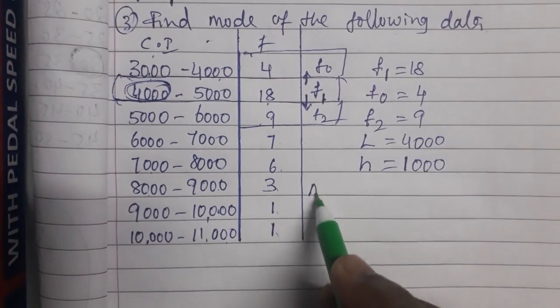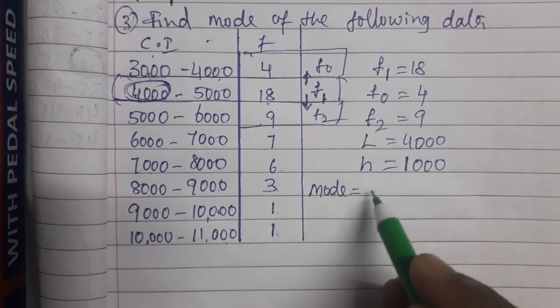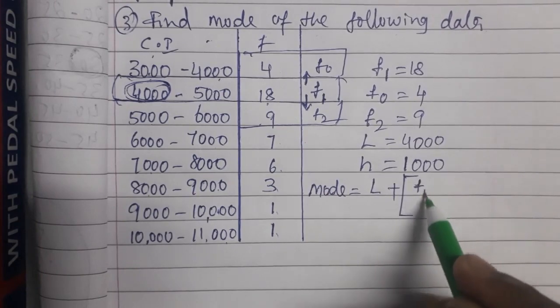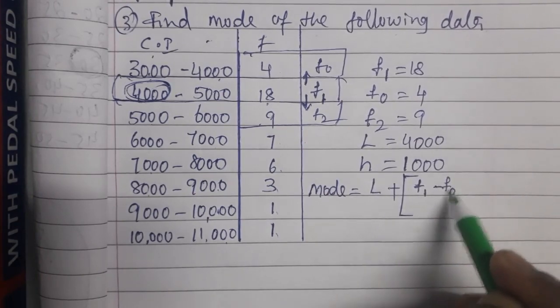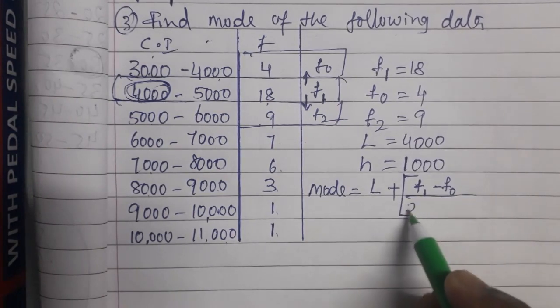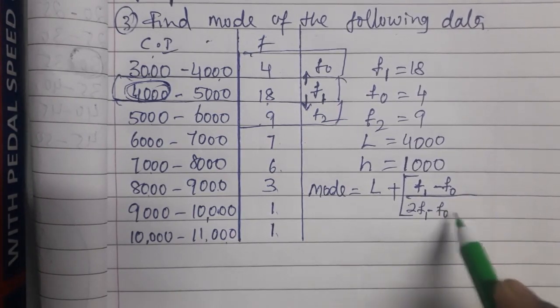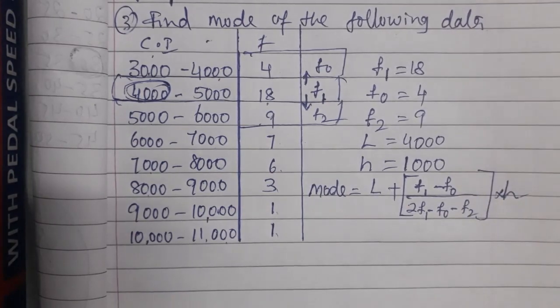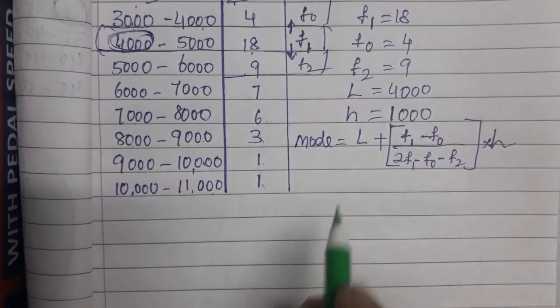Now, what is the formula? Mode is equal to L plus, open the bracket, (F1 minus F0) by (2F1 minus F0 minus F2), close the bracket, into H. Now one by one we have to substitute.